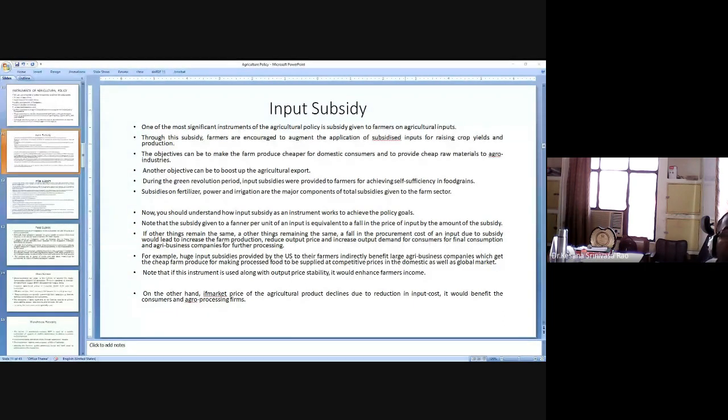In that way, among the inputs available in the agriculture production process, the input subsidy is also one of the crucial things.